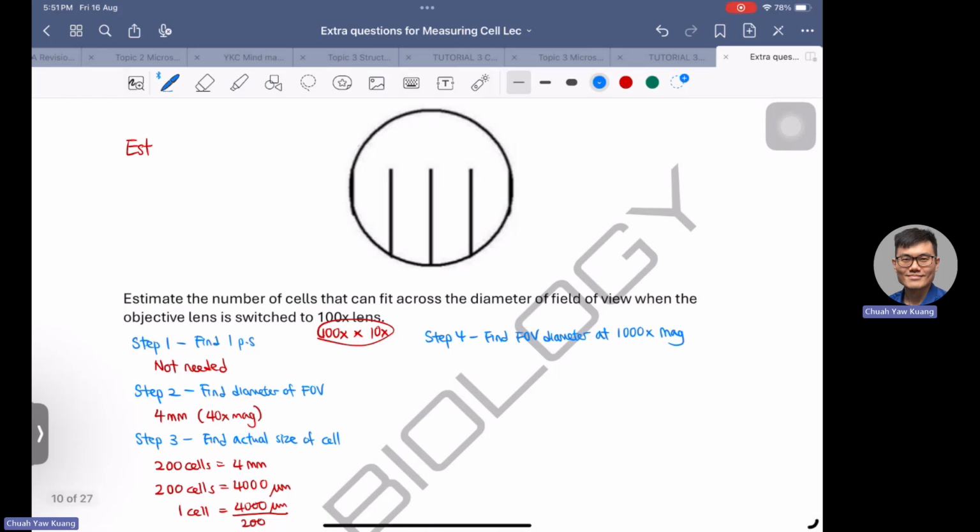So from the concept, maybe I write it down. We know that the FOV that we see is always the same size. That means the image diameter of the FOV is always the same size, regardless of the magnification.